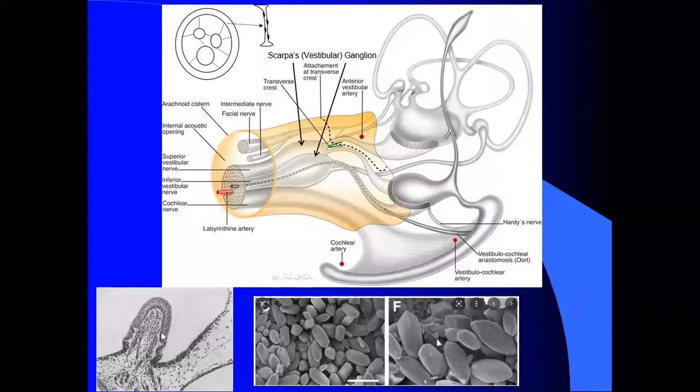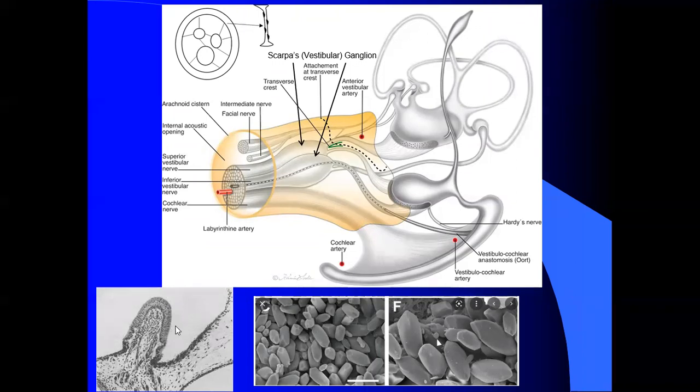That will be detected as angular momentum by the cristae. The otolith organs are for linear momentum and static equilibrium, as gravity grabs these things and they lean against the hair cells of the macula, but the cristae will be deflected by rotatory movement for angular acceleration.